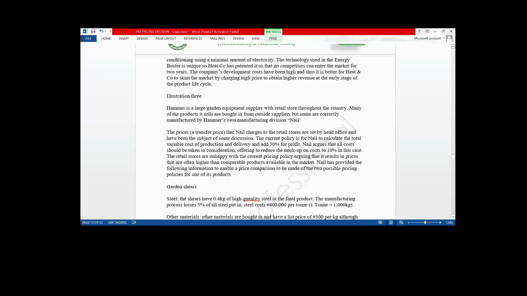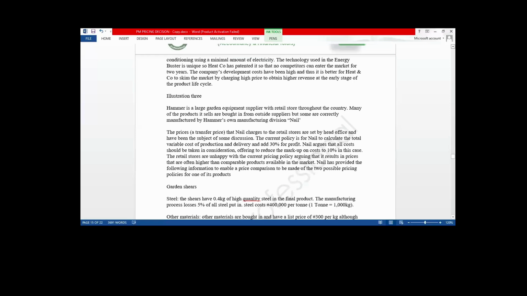The prices, the transfer price that NAIR charges to the retail store, are set by head office and have been the subject of some discussion.